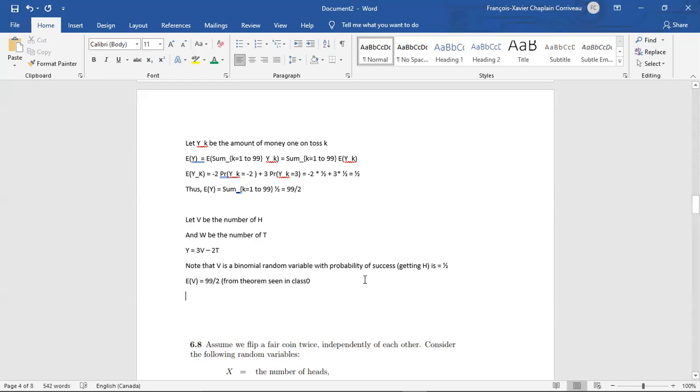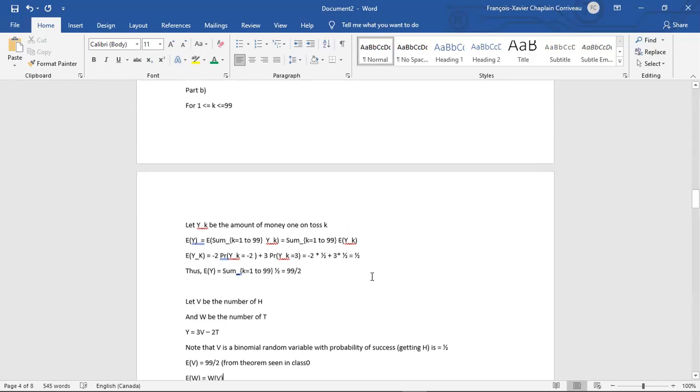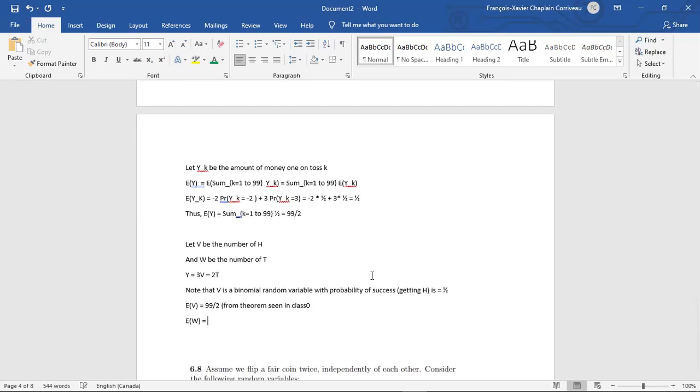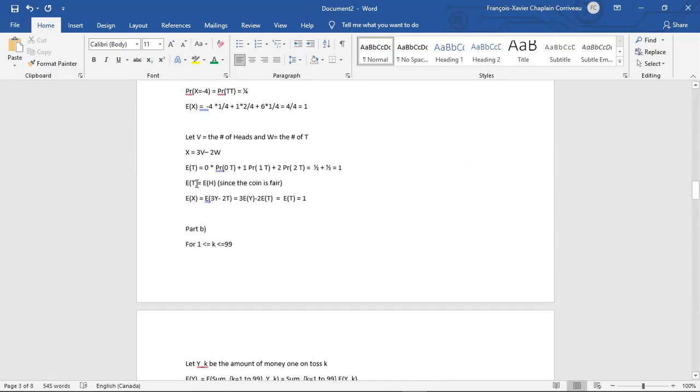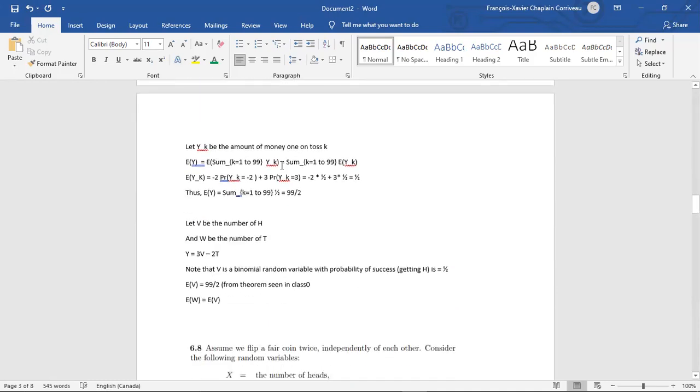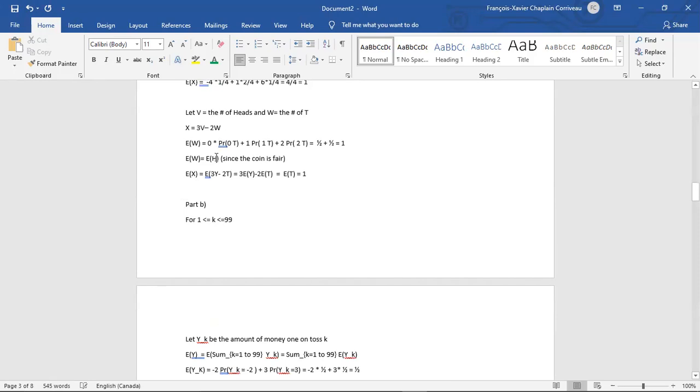And now you note also that E of T is equal to E of W is equal to E of V. Did I make the same mistake above? I think I did. Yes, I did. So this should be a W, and this should be a V. There we go.